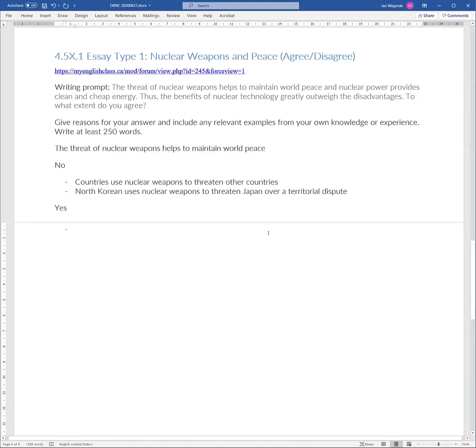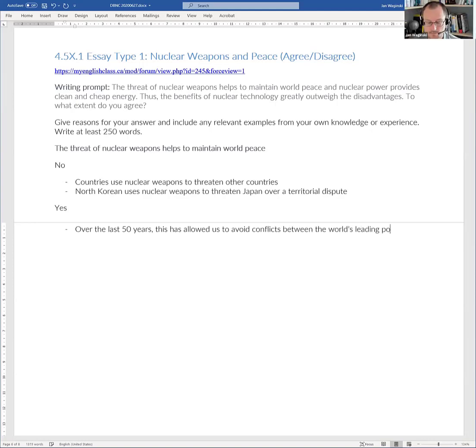Over the last 50 years, it has avoided large-scale conflicts between leading world powers. Can you develop this idea a little bit?